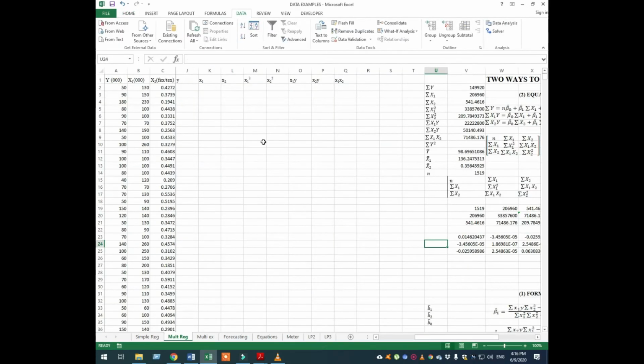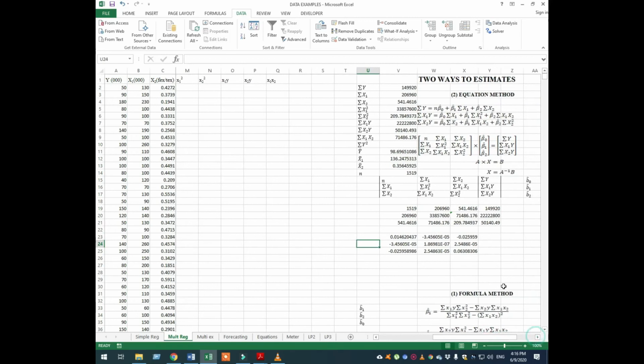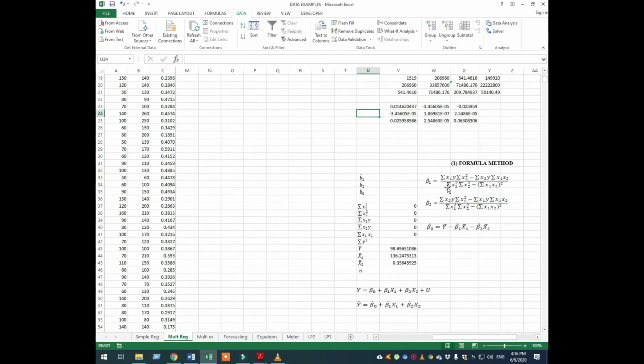For the multiple linear regression model and the deviation process, we have three formulas of the deviation method, for B1 cap, B2 cap and B0 cap, and for that we would need the sum of squares of deviations and the sum of squares of the products.